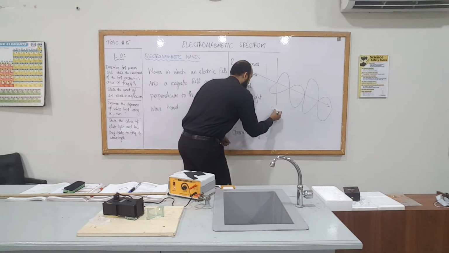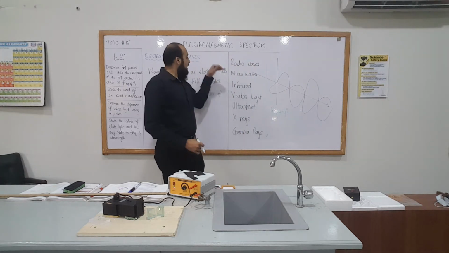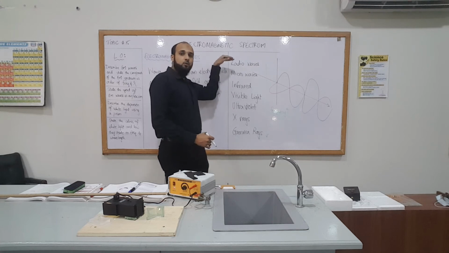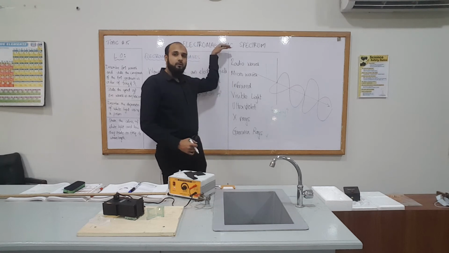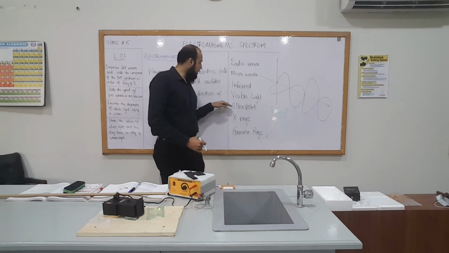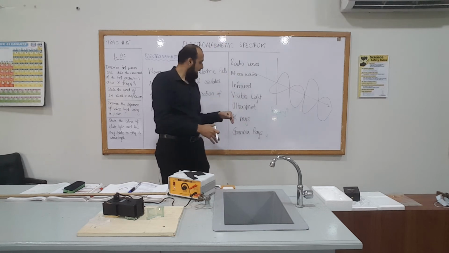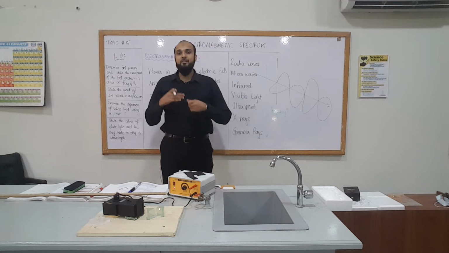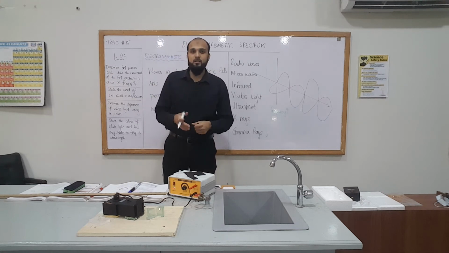So for example, microwaves have a higher frequency than radio waves, infrared has a higher frequency than both of the waves above, and ultraviolet has a higher frequency than all of the waves above, and so on. So gamma rays have the highest frequency, and radio waves have the lowest frequency.